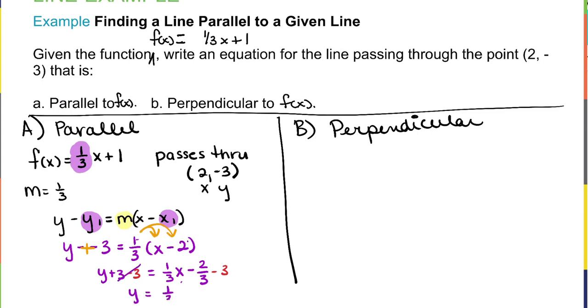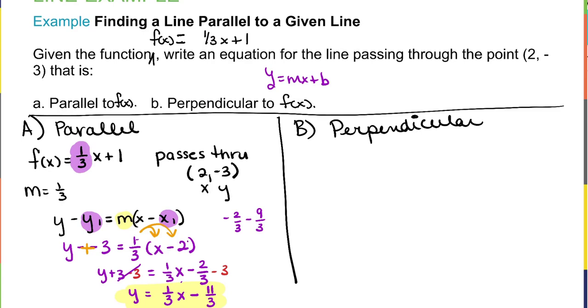On the right, I have 1/3 x minus 2/3, minus 3/1, which is the same as 9/3. So that would be minus 11 thirds. Now you could have plugged it into y equals mx plus b and solved for b as well, and then plugged in your m and your b at the end, but this works just as well.